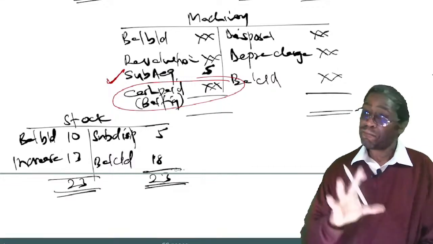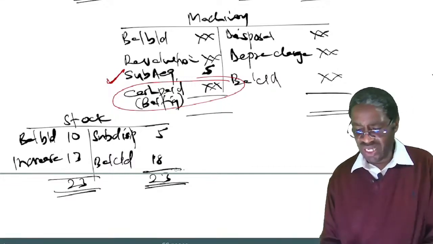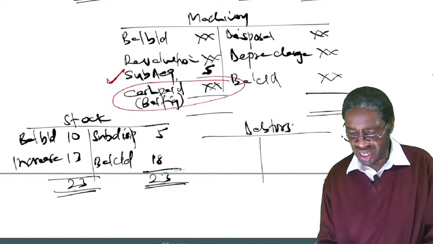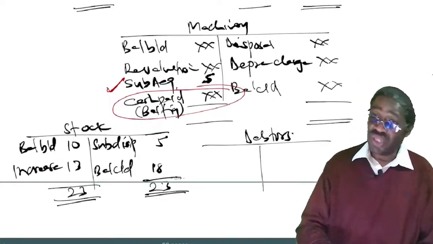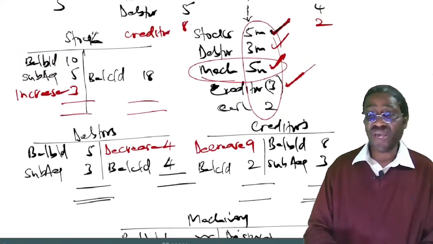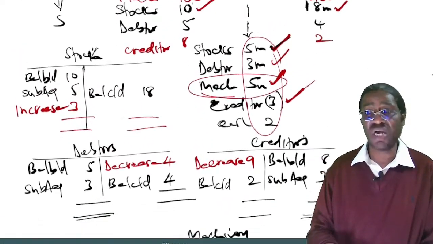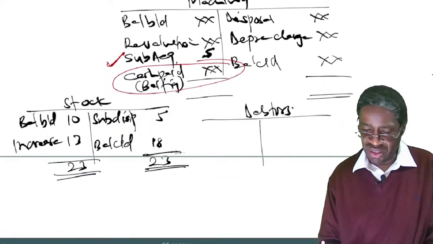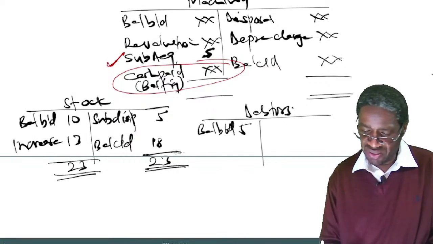Looks like now there was an increase in stocks amounting to how much? 13. Again, if you're analyzing the debtors account, you will go to the balance sheet last year, find out how much were the debtors last year, 5 million. Bring it down. Balance brought down 5 million.